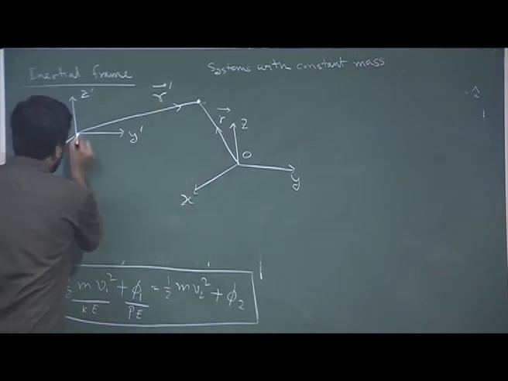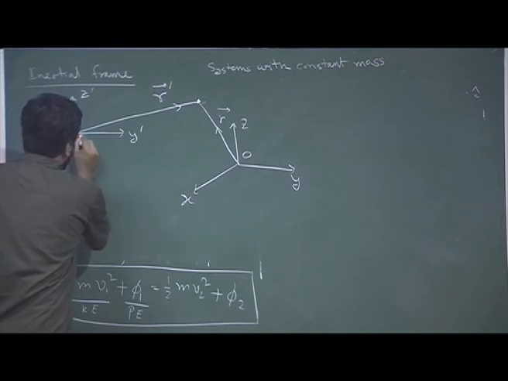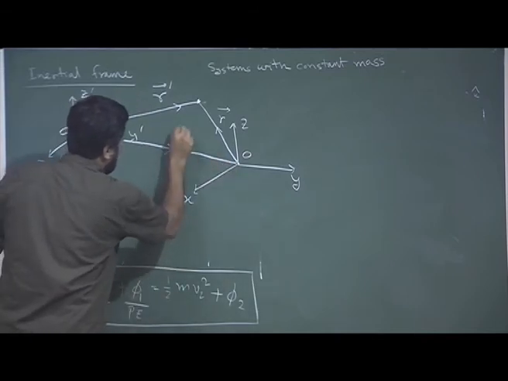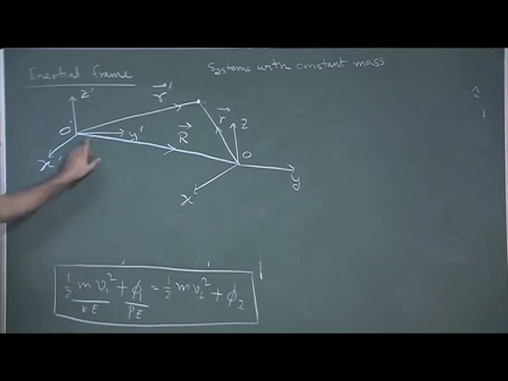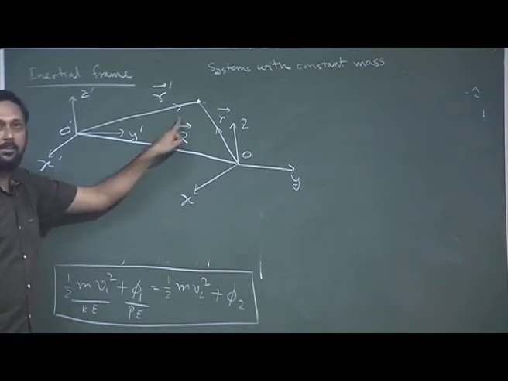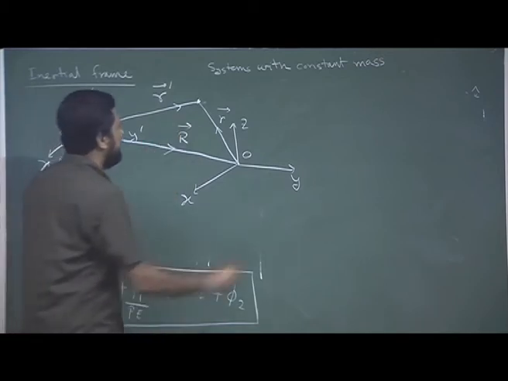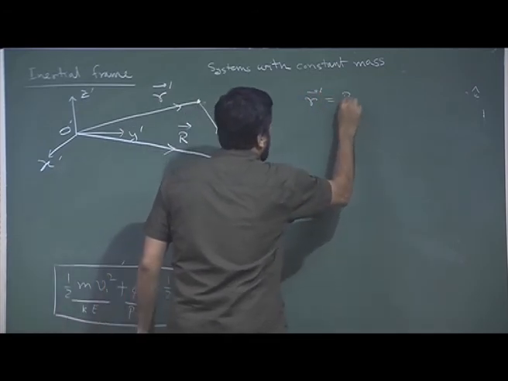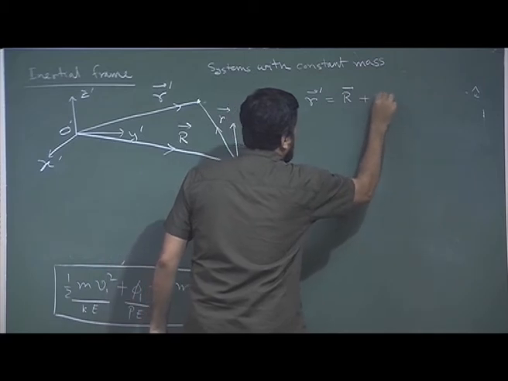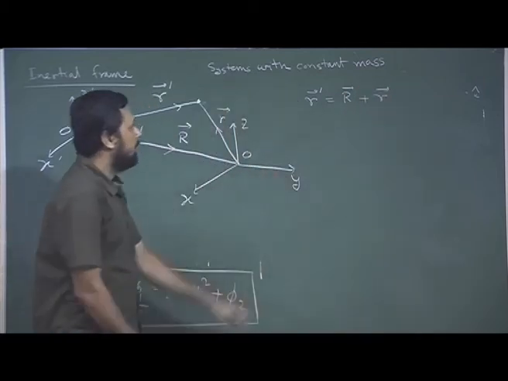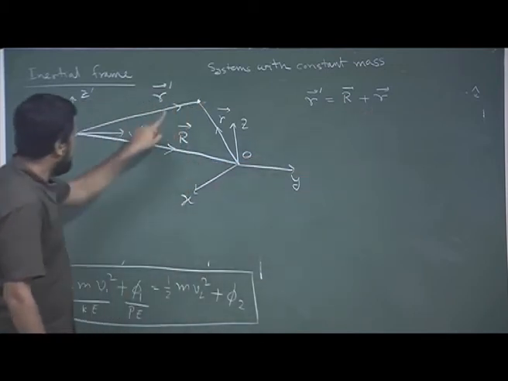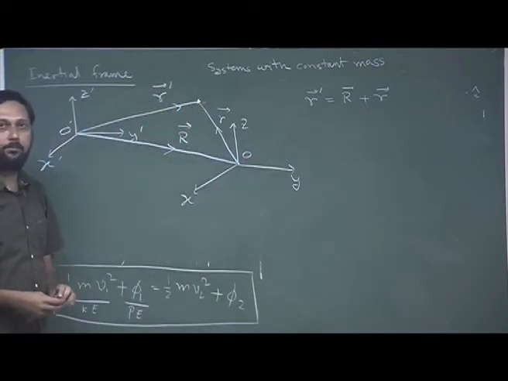and let us assume that the origins of these two frames are connected by this vector capital R. So, from the triangular law of vector addition, we can immediately write an equation: small r prime is equal to capital R plus small r, which comes from the triangular law of vector addition.